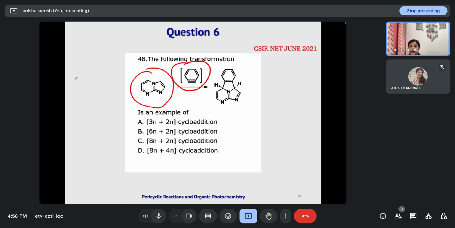It is a question based on higher order cycloaddition reactions. Here this system, 1, 2, 3, 4, involves an 8 pi component, and this will involve a 2 pi component. So this is an example of 8 pi plus 2 pi cycloaddition. Option C will be the right answer for question number 6.